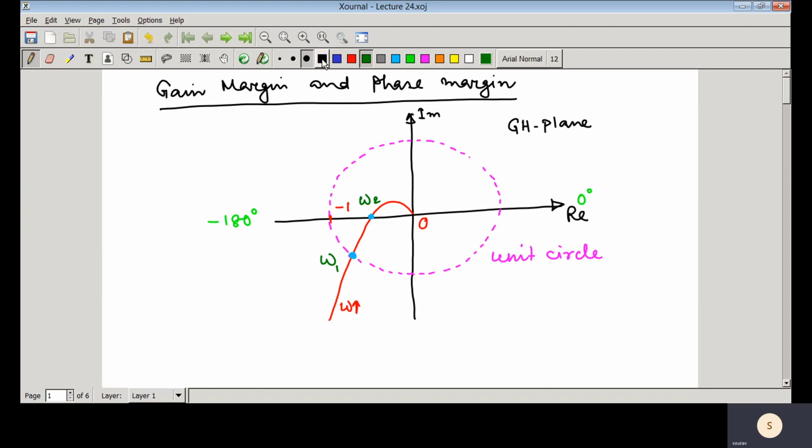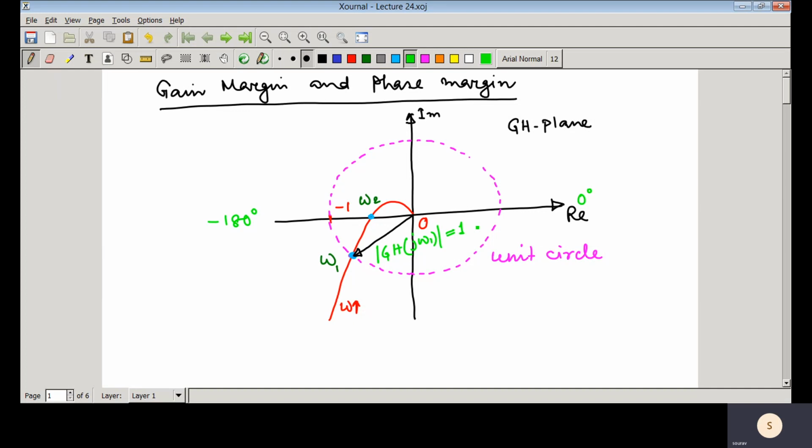If we draw a vector like this, at this particular frequency, that is at omega equal to omega 1, the magnitude of GH of j omega 1 would be equal to 1. That means at omega equal to omega 1, if we find the magnitude of the loop transfer function, it would be equal to 1.